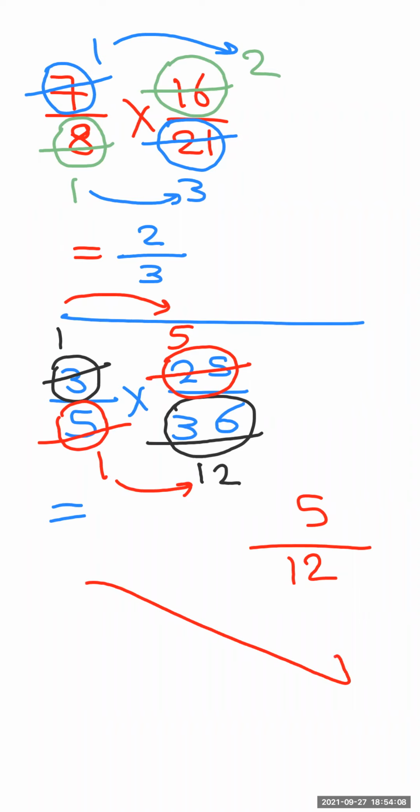Okay, guys? Actually, there is one important point. If the numbers are like that, 2 over 3 times 8 over 9. So as we said, guys, we have to check if we can simplify the numbers or not. So here there is 2, and here there is also 8.